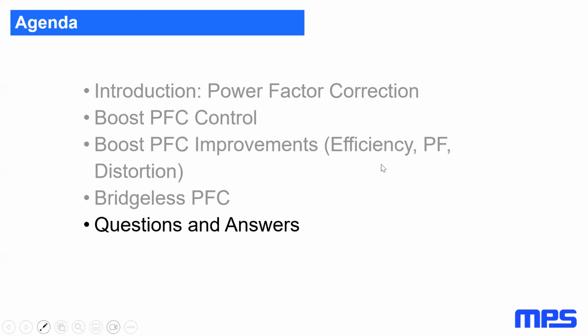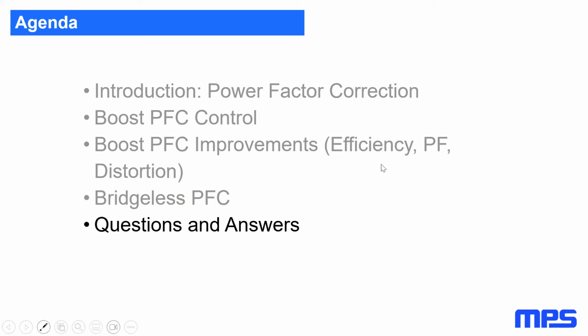So at some point, it will probably be more interesting to be CCM than CRM, even though at lower power, the CRM should be better because it's running zero current switching, most likely zero voltage switching as well. So it should be better for lower power for CRM, but at some point, it will become more interesting to be CCM.